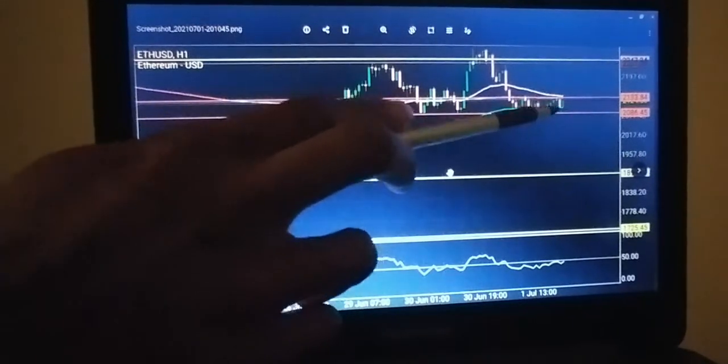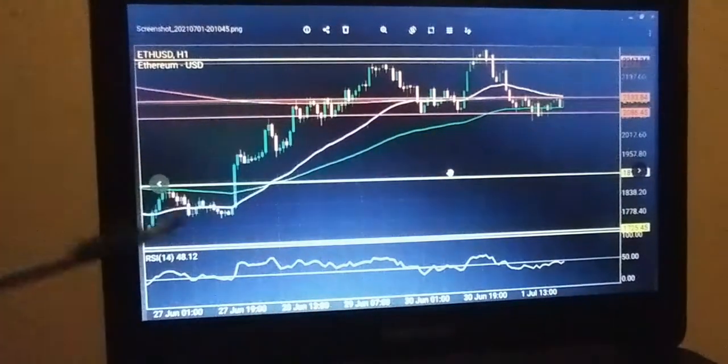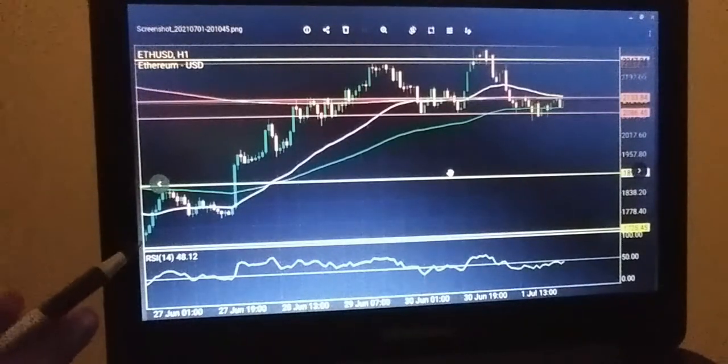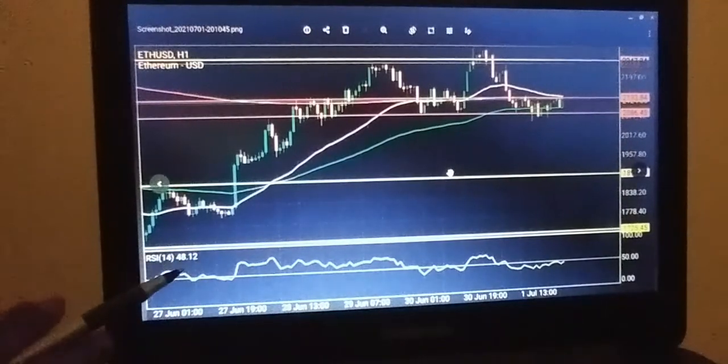But if it breaks that level, comes back and retests it, what I'll do is enter in on the sell side. But being as though this has been on an uptrend, I am a little more biased towards that. But I do understand that the moving averages could start pointing down. I mean, if you just look at the RSI here, when this picture was taken, the RSI is pointing up a bit, but it was below the 50.